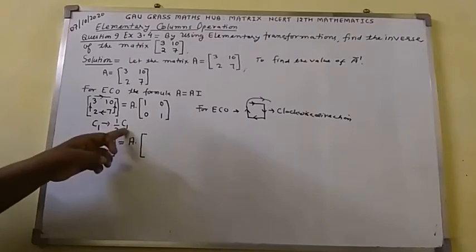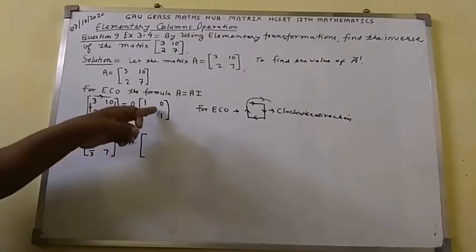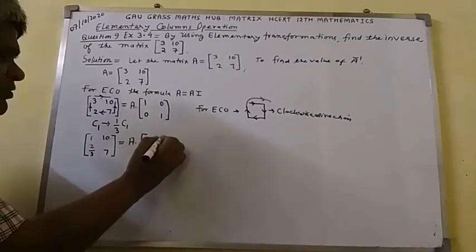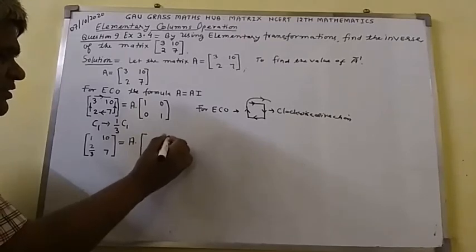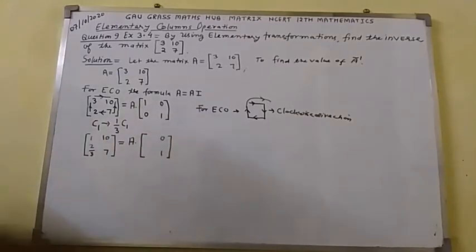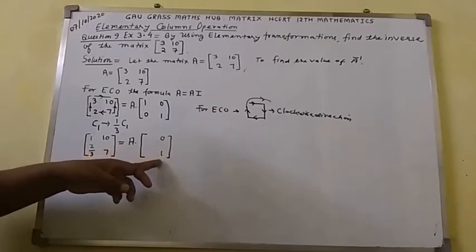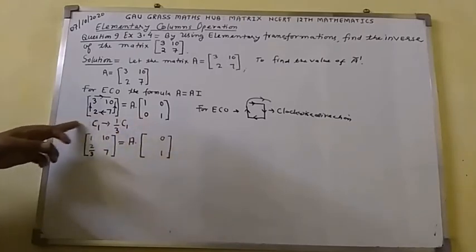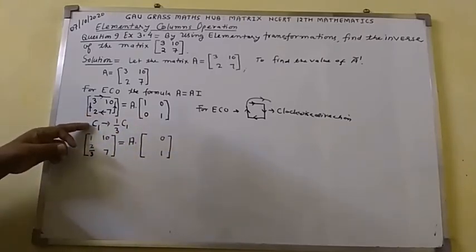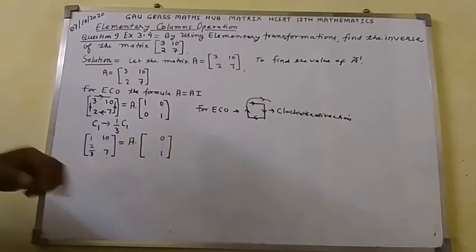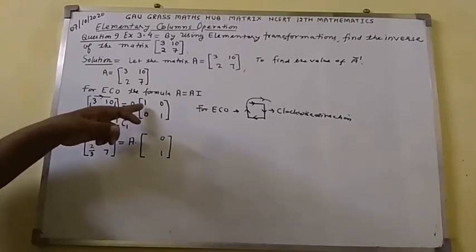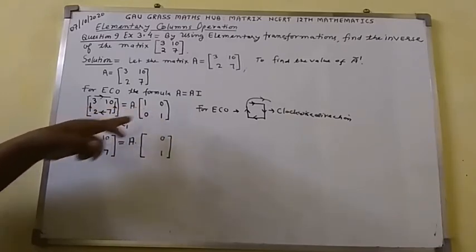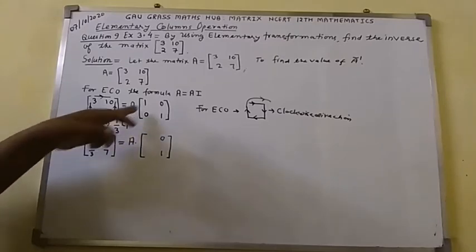By applying this property to the identity matrix, there will be no change in the second row, and no change in the second column. Only the first column will be changed. So here C1 goes to 1 over 3 C1. The first element of the first column is 1, so in place of C1 I can write 1.